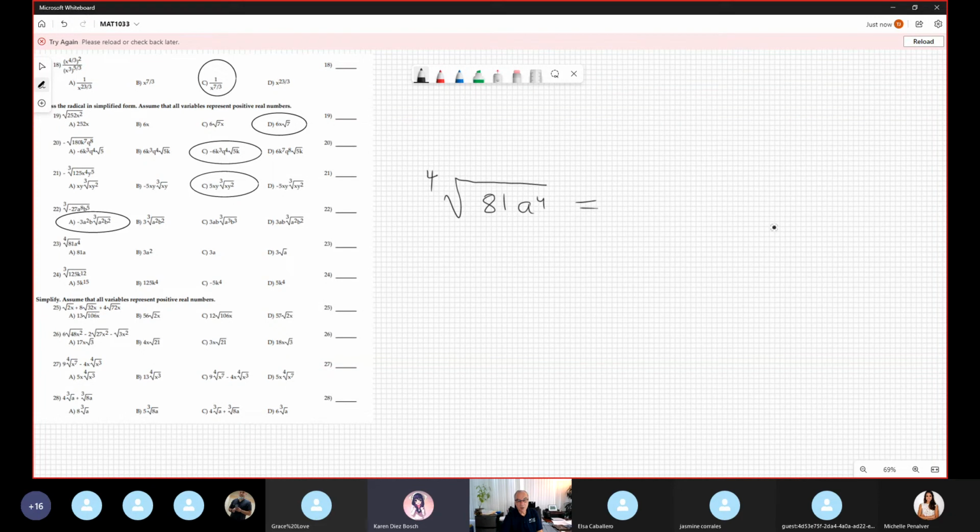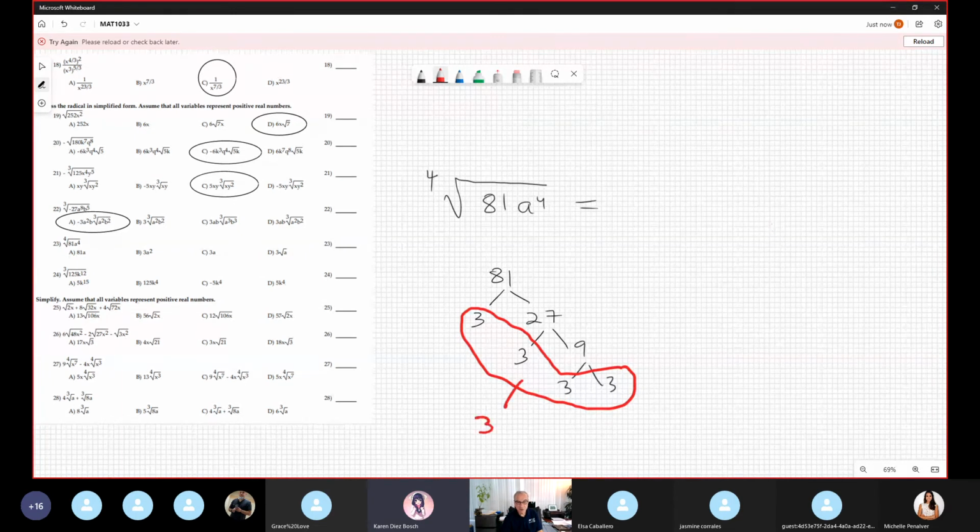Okay, well, you can put it in a calculator. I don't know. 81, we'll break it down. 81 is divisible by 3. It's 27. 27 is divisible by 3 again, get 9. 9 is 3 and 3. We have exactly what we need to be a perfect fourth number.